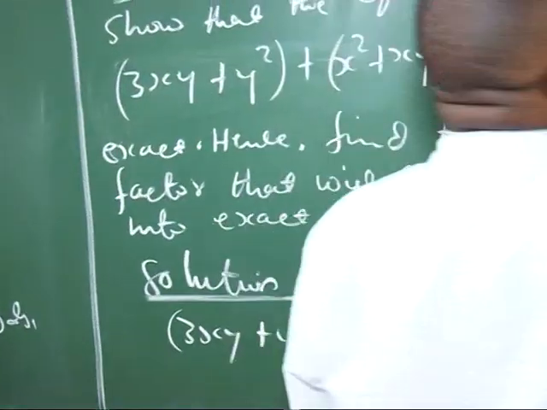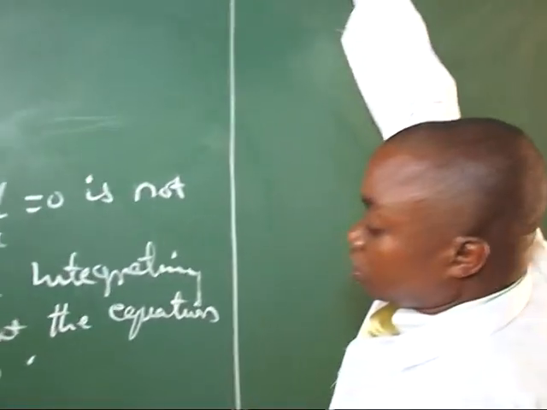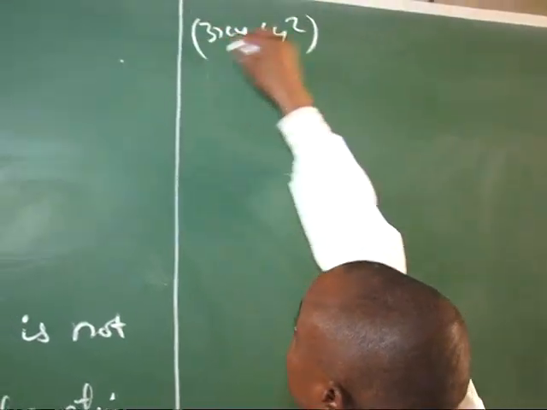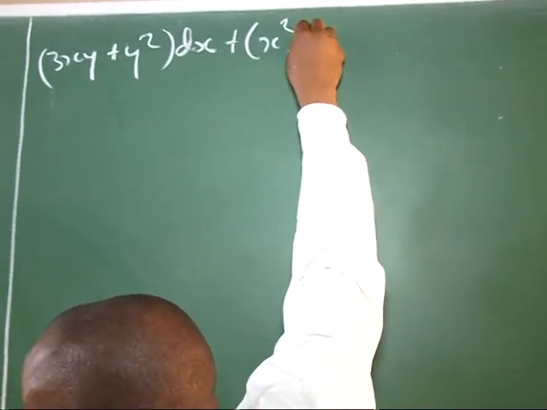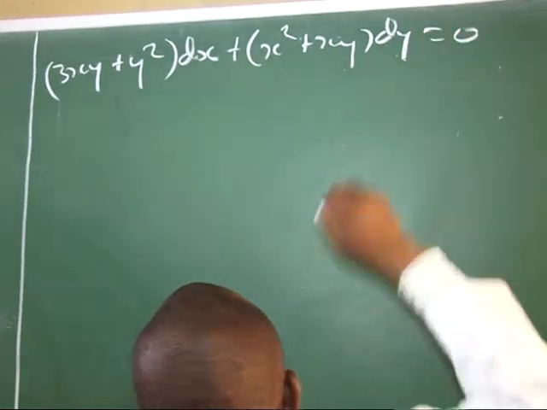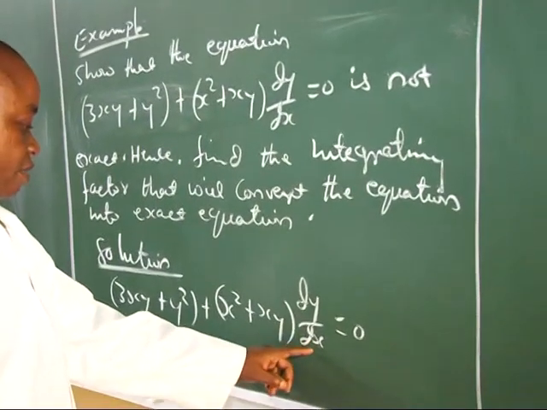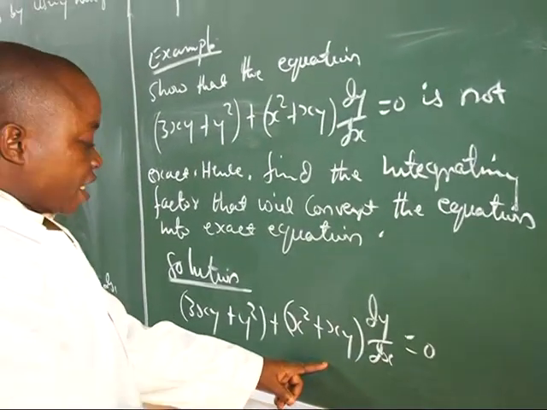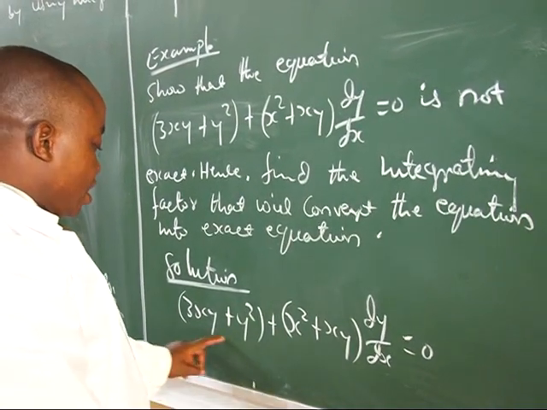You know this equation could be written as 3xy plus y squared dx plus x squared plus xy dy is equal to 0. The reason is that here, this is divided by dx. So you take the LCM, which is dx. Then here is over 1.